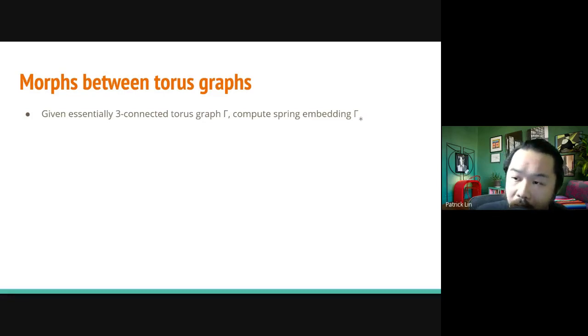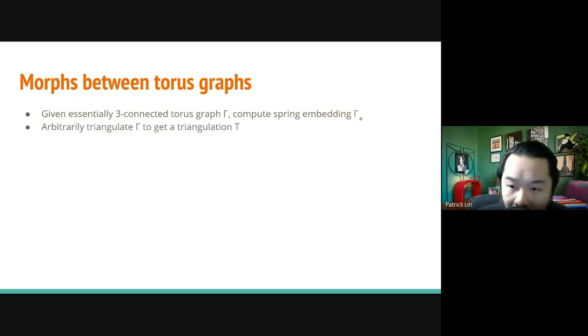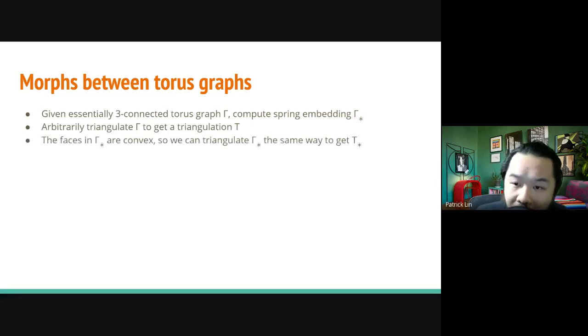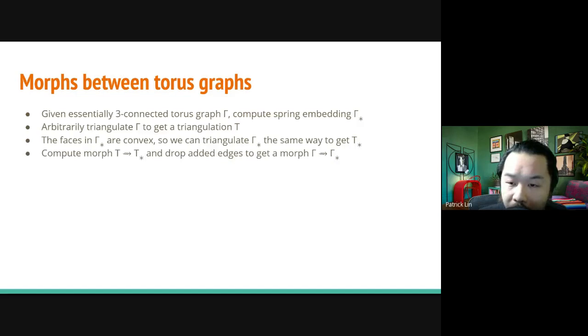And now we bypass a lot of that pain by basically observing that we can triangulate the starting embedding arbitrarily, okay? And in the spring embedding, all the faces are convex. So we can triangulate the spring embedding in the exact same way to get a compatible triangulation on the spring embedding. And so now we'll just compute this morph between these two triangulations, and we'll drop the additional edges.